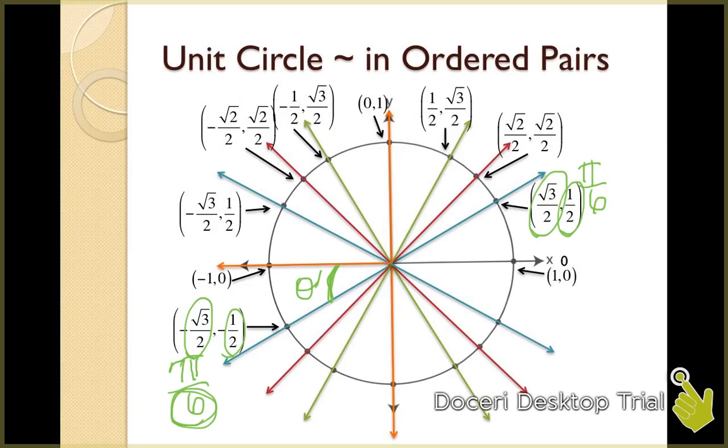But now in the third quadrant, my cosine is negative because I went left, but I also have a sine that's negative because I'm going down to get to that point right there. So it's going to be a negative square root of 3 over 2 and a negative 1/2 for the cosine and sine in our third quadrant.